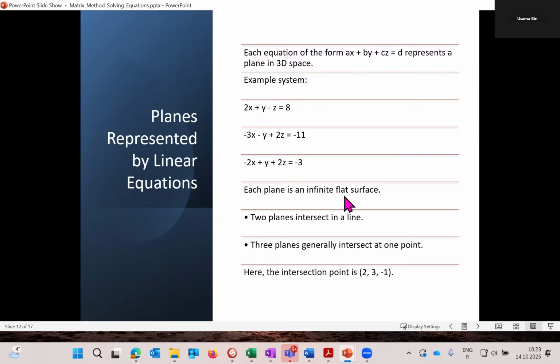Each plane is an infinite flat surface. 2 planes intersect in a line, but 3 planes generally intersect at 1 point. So we are actually wanting to solve for the intersection point of 3 planes.